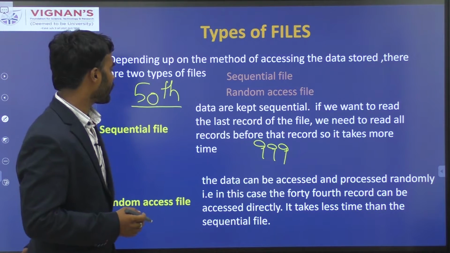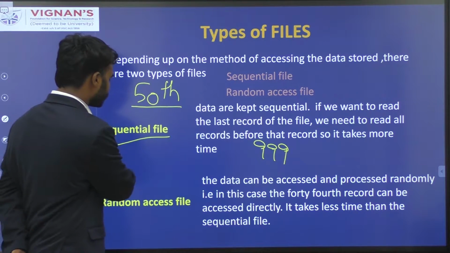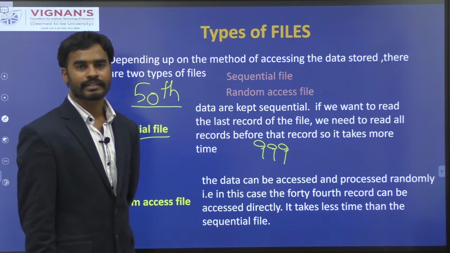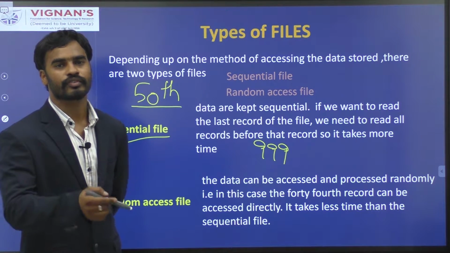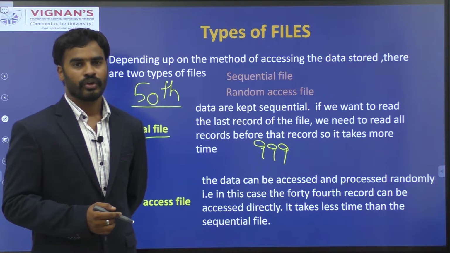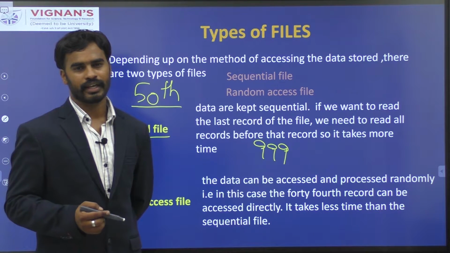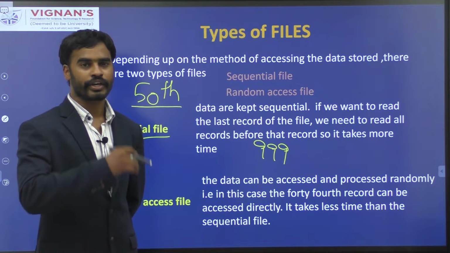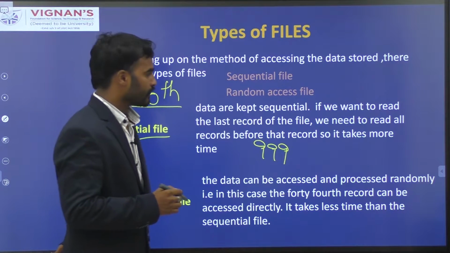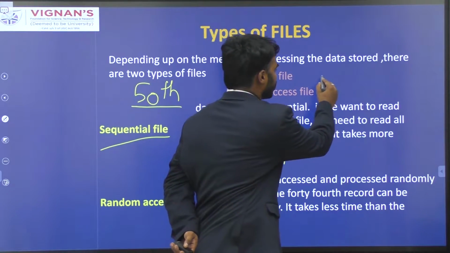This is what happens with sequential files. In random access files, you need not go through all the records one after another. There is a provision in random access files where you can jump from one location to another location. For example, assume that now you are accessing the 15th record.